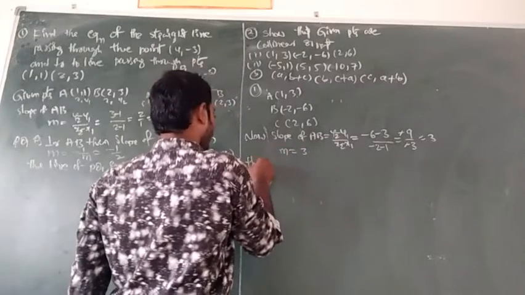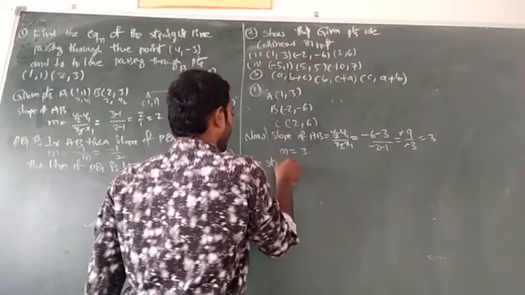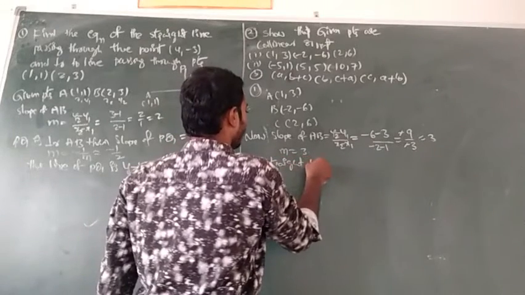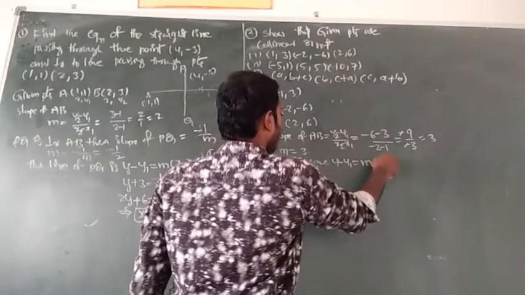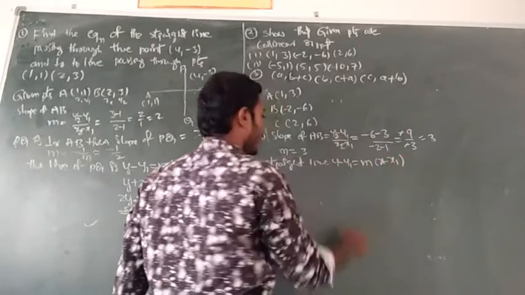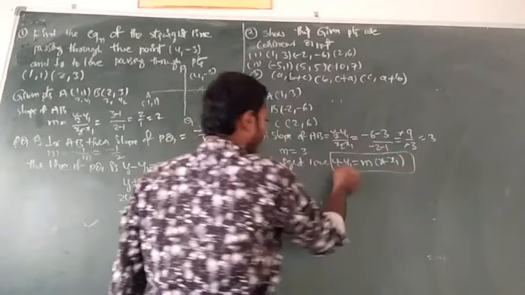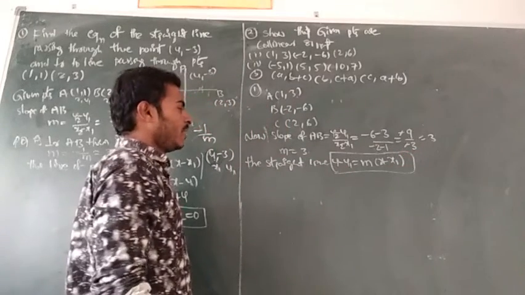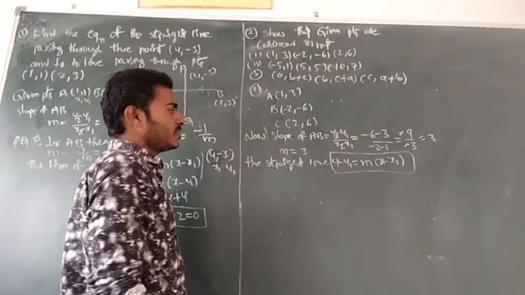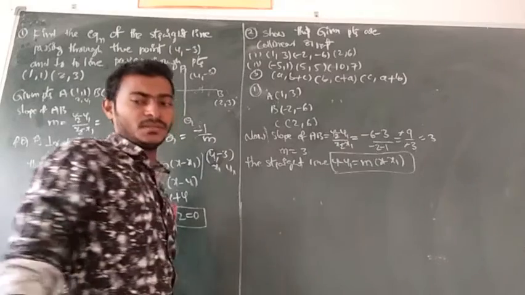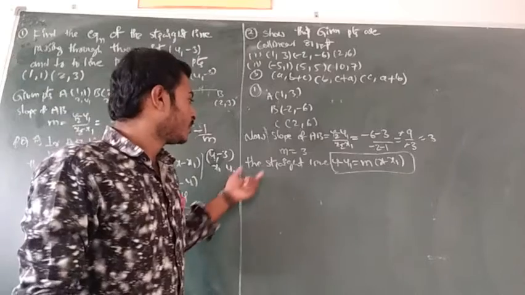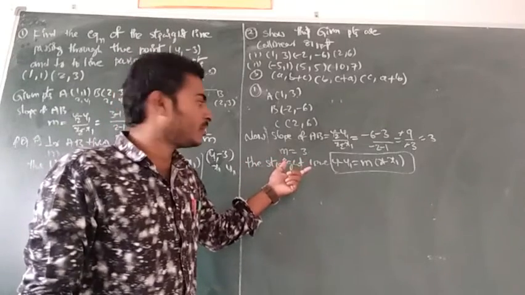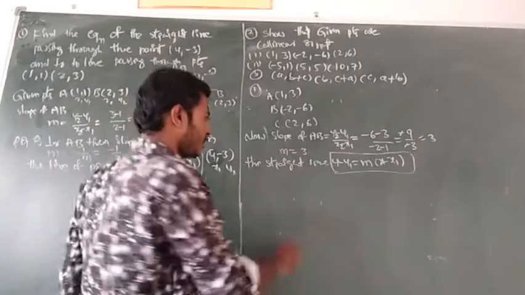Now the straight line: y minus y1 equal to m into (x minus x1), when the slope and a point are given.